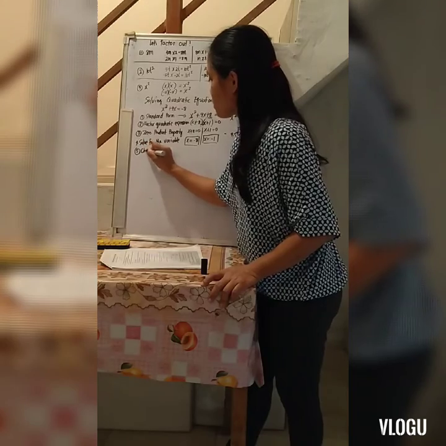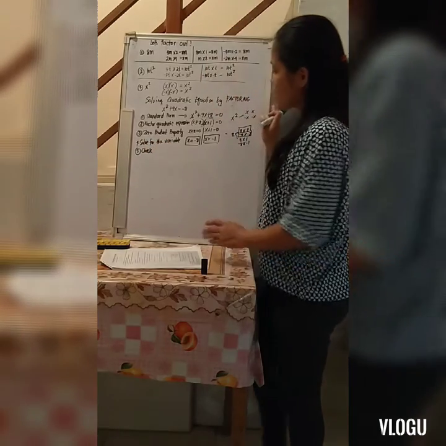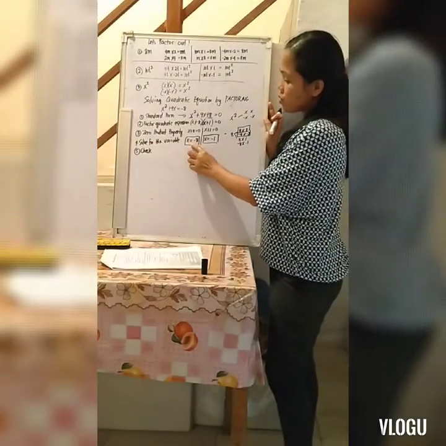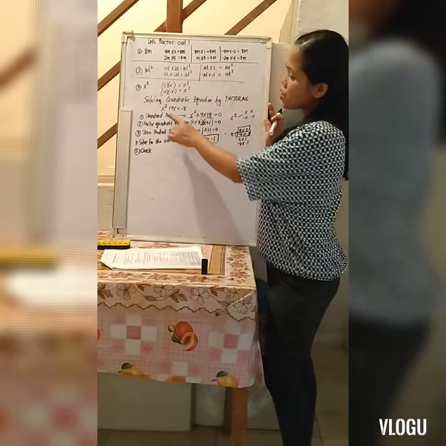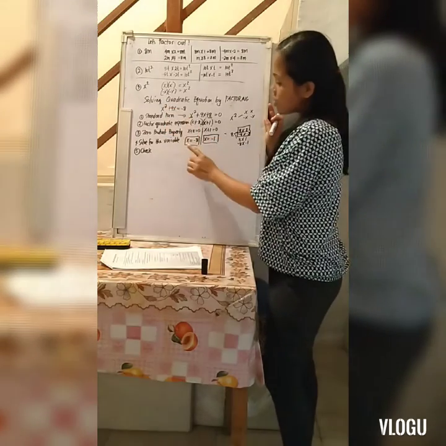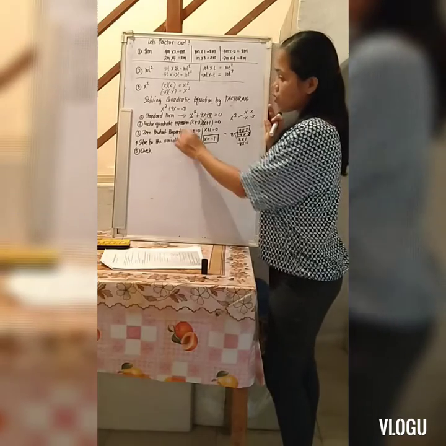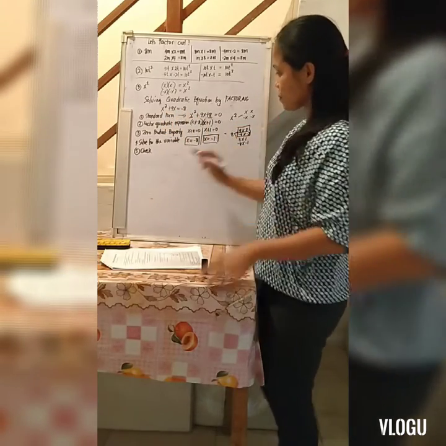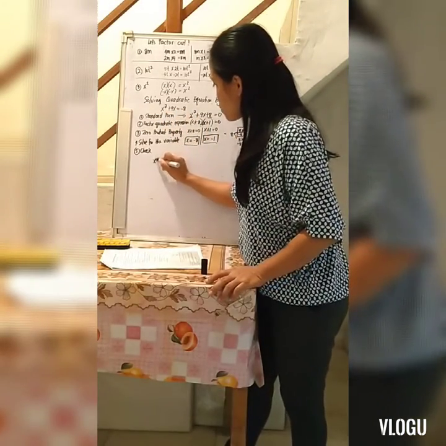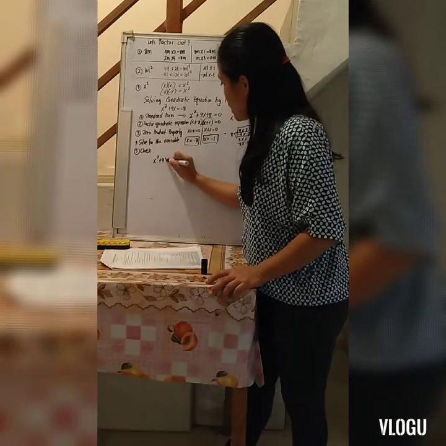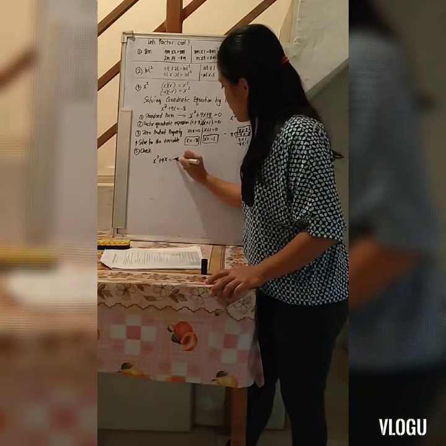We are not sure if we did the right factoring, so we check. You should always check. When you check, you substitute the values of your x to your original equation, which is x squared plus 9x equals negative 8.